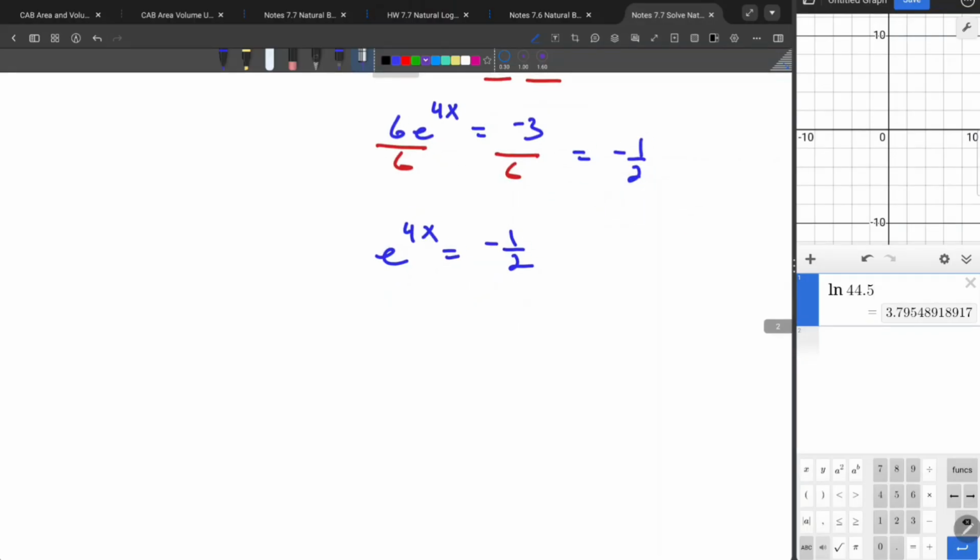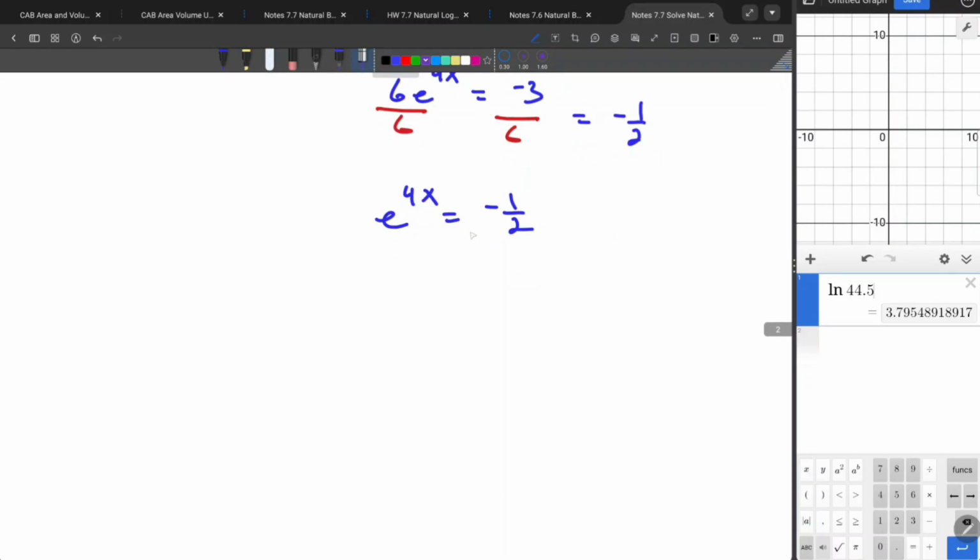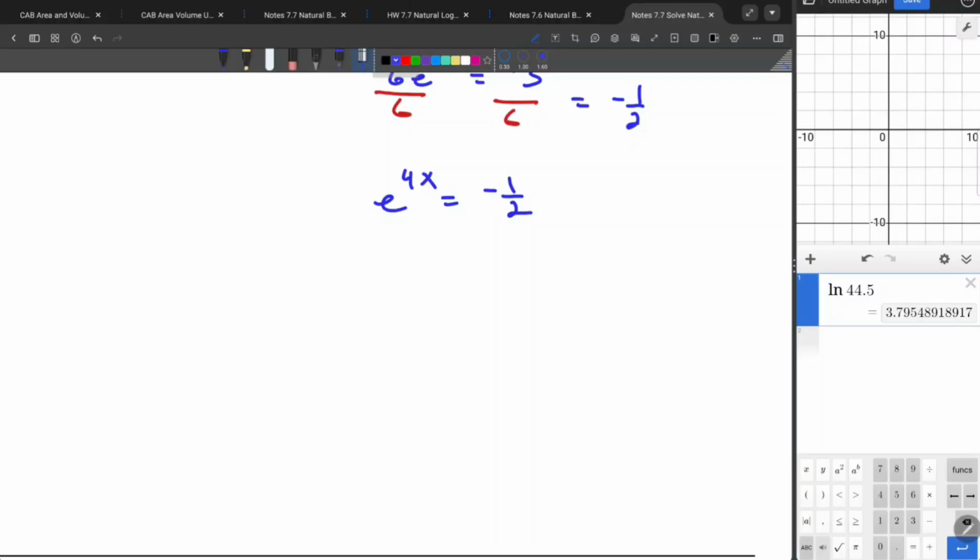And so that's fine. Come down to our next line, and we have e to the 4x is equal to negative 1/2. The thing that we haven't dealt a lot with in this class this year, and we don't do a lot of this stuff in Algebra 2 anyway, is that e is some positive number.